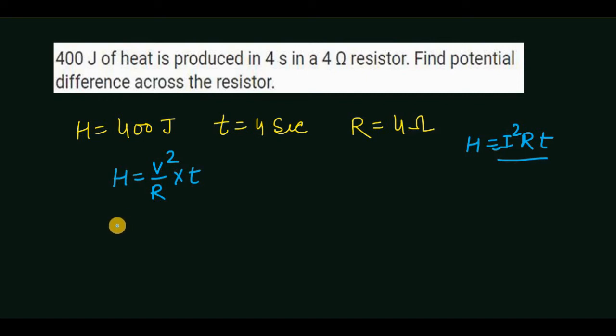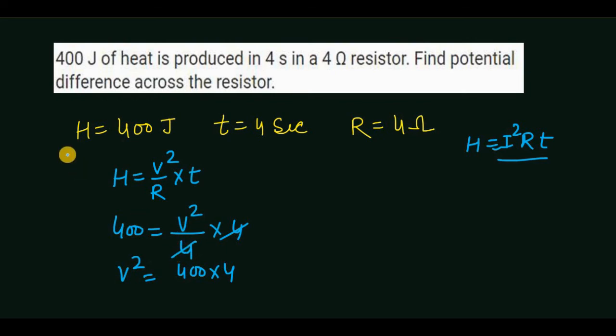See, H equals, it is given 400, and V square upon R, R is given 4, and into time is given 4 seconds. Then V square here will be 400 into 4, 4 cancel by 4, already we can do this also.